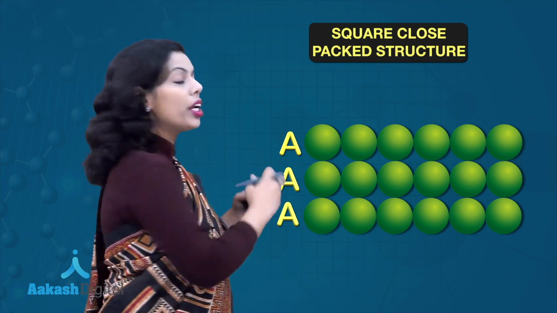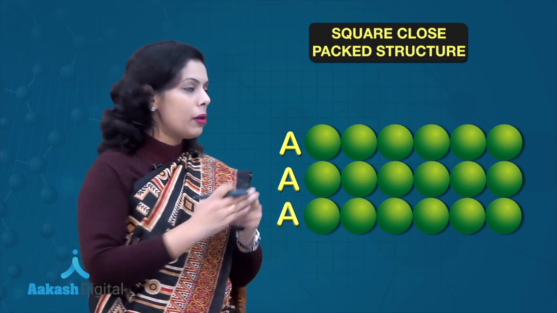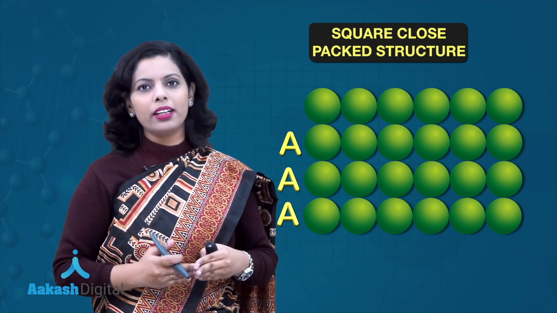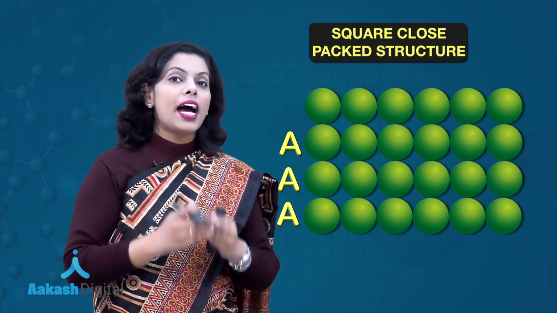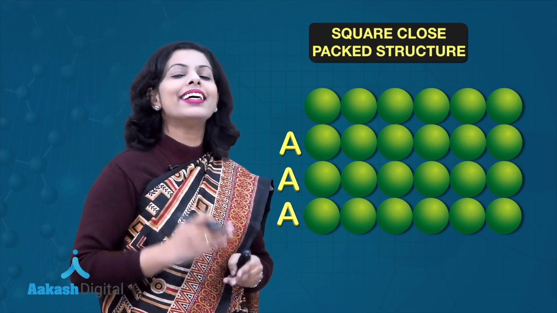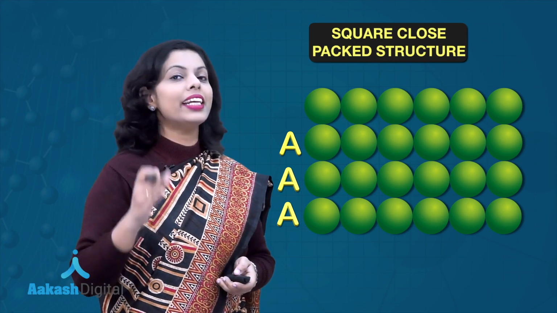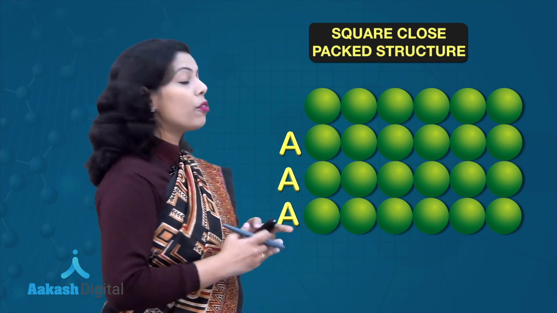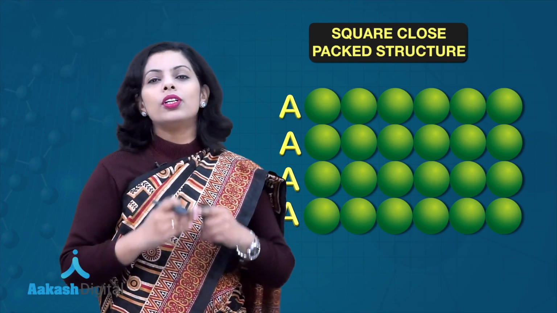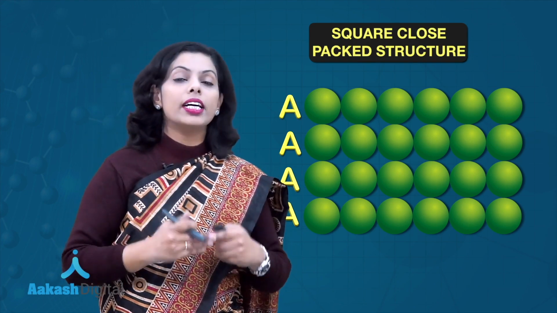Because these three rows are exactly similar. Let's place the fourth row also. We have this layer formed here, and this is close packing in two dimension. What is the special name given to such type of close packing? That is square close packing in two dimension, and this type of arrangement is known as AA type of square close packing in two dimensions.